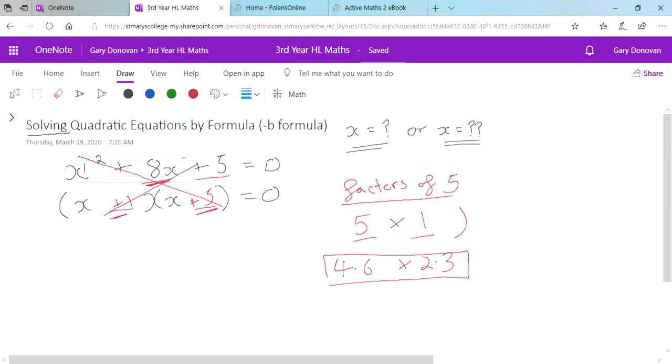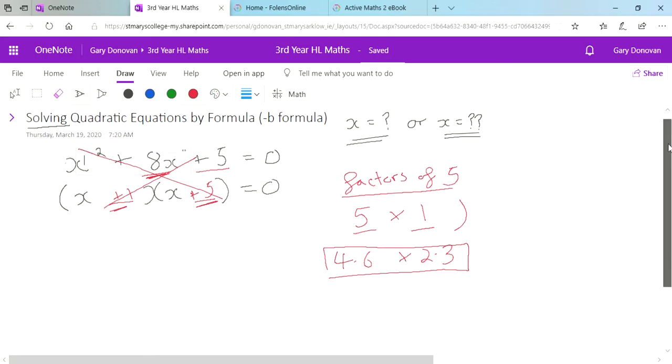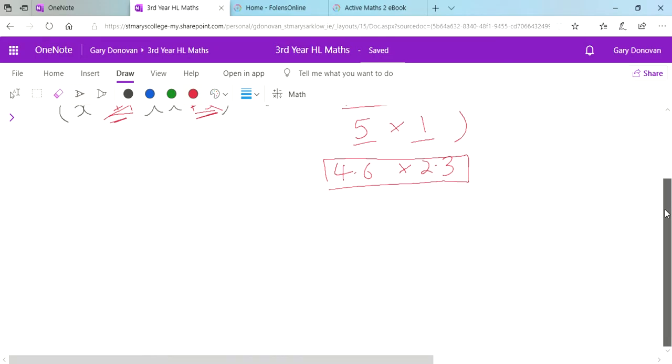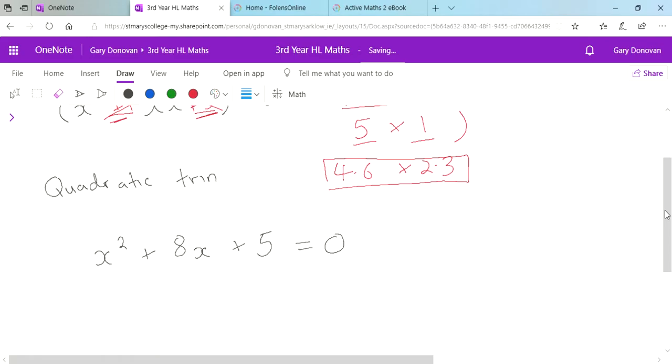So if we look at it again, our equation is x squared plus 8x plus 5 equals 0. Now we know already that this is called a quadratic trinomial. And trinomial because it has three parts, quadratic because it's a quadratic equation, it has this to the power of 2.